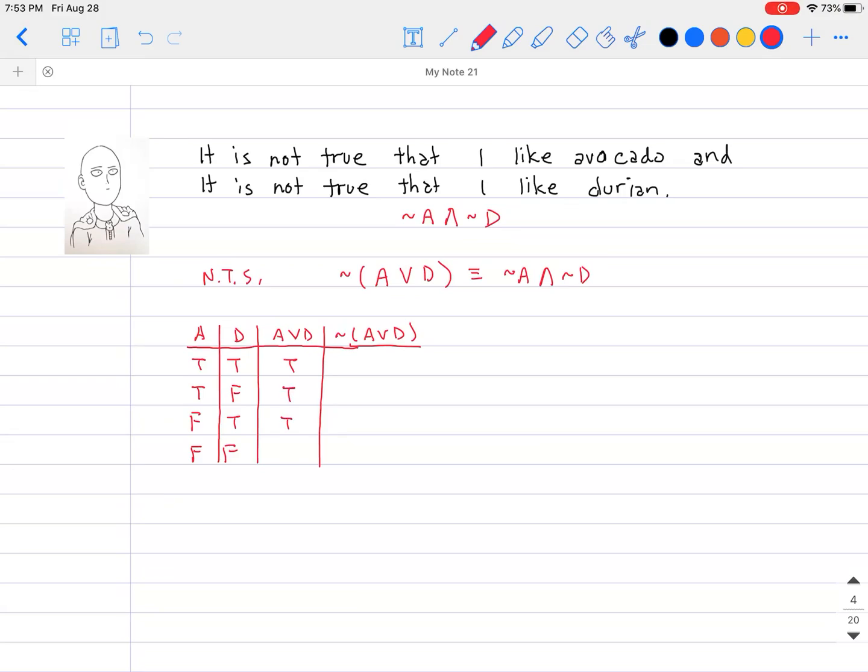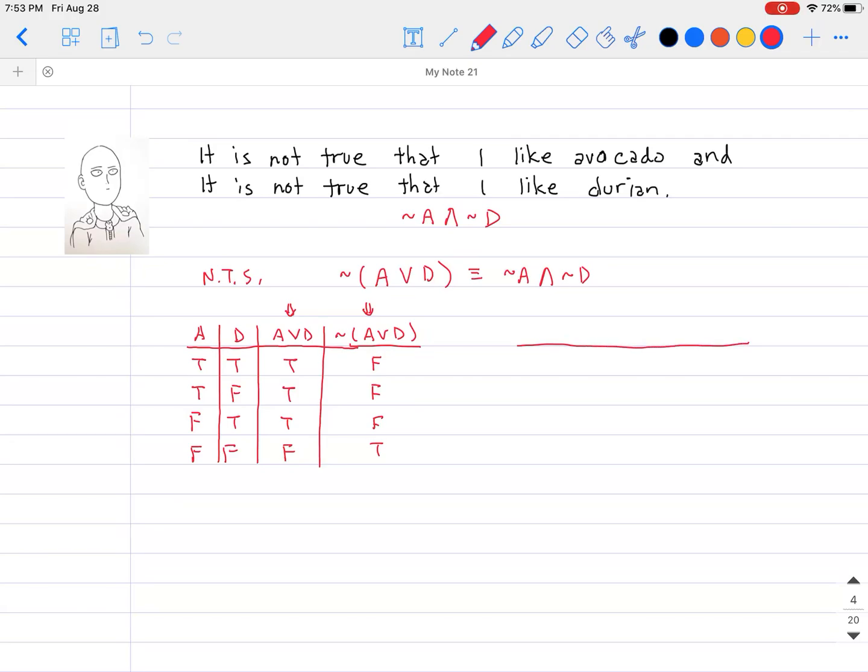So this is going to be T, T, T, and the only one that's false is the last one, because they're both false. Now, I'm going to take that third column and solve for the fourth column by doing the opposite, because it wants the negation of (A or D). So the final result for that one is F, F, F, T.